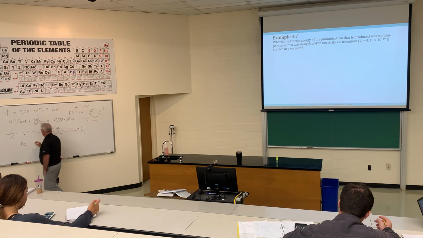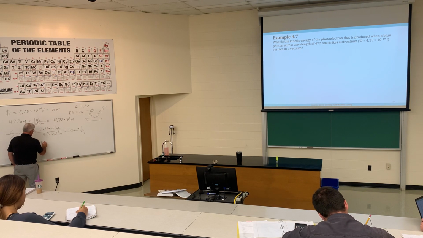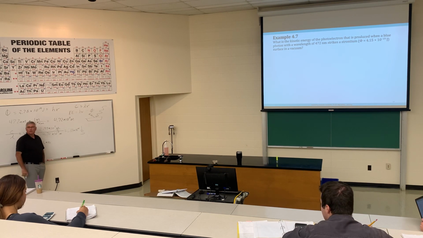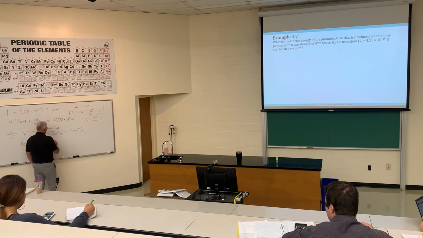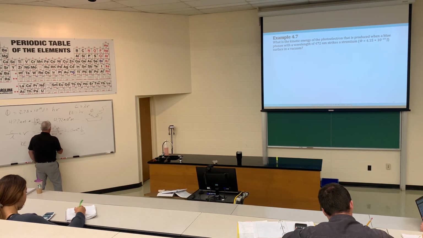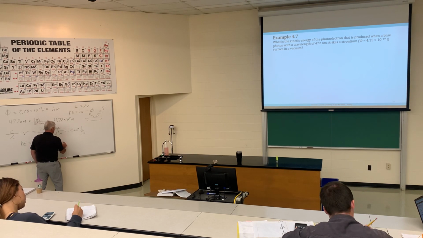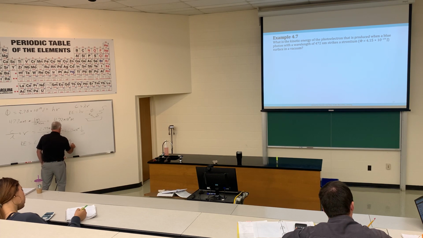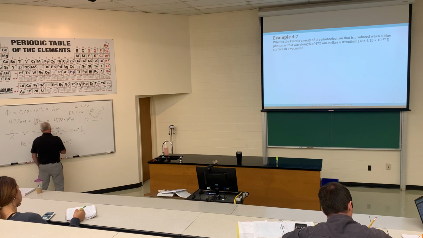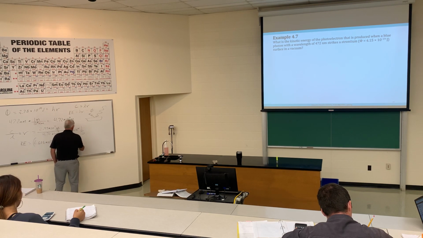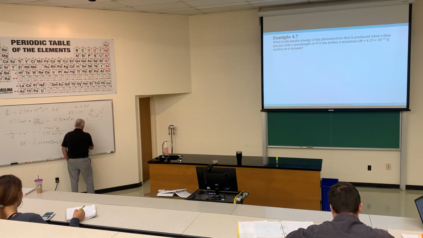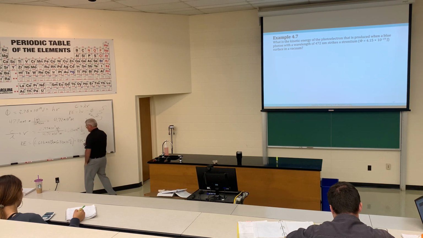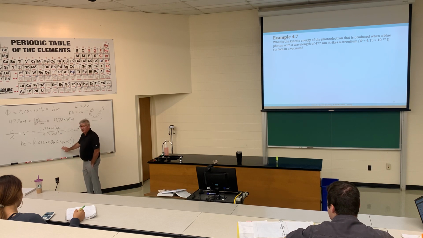And so now we've got that equals h nu, Planck's constant 6.626 times 10 to the negative 34, times the frequency that we just calculated.